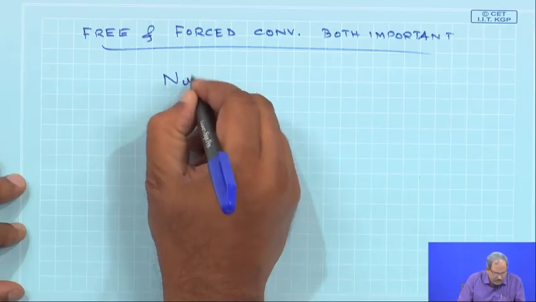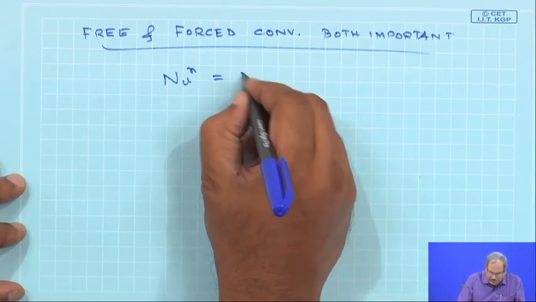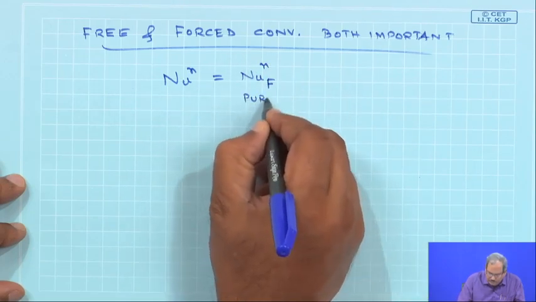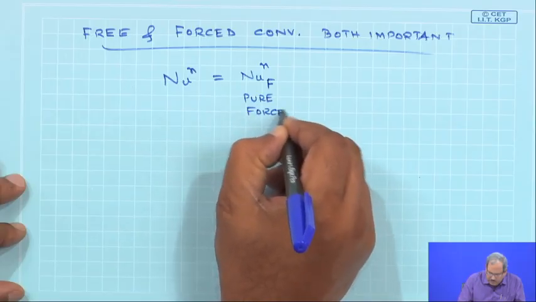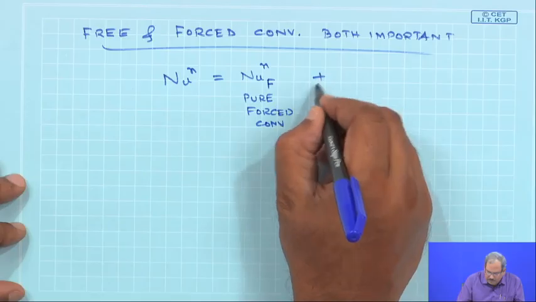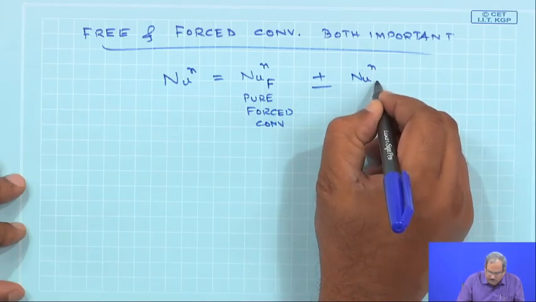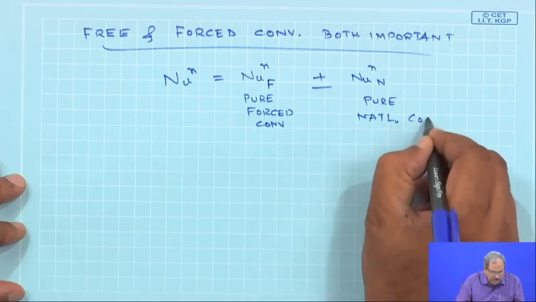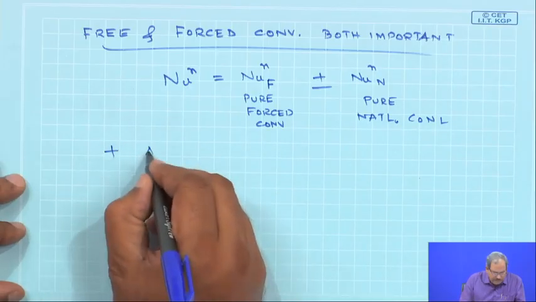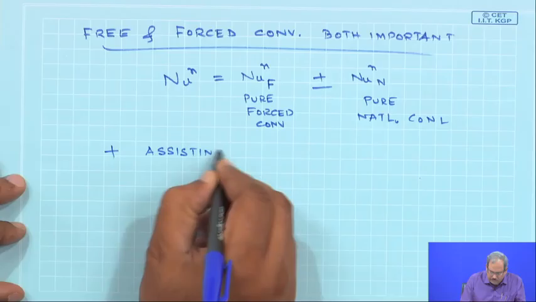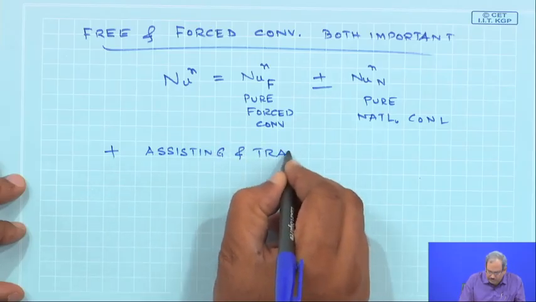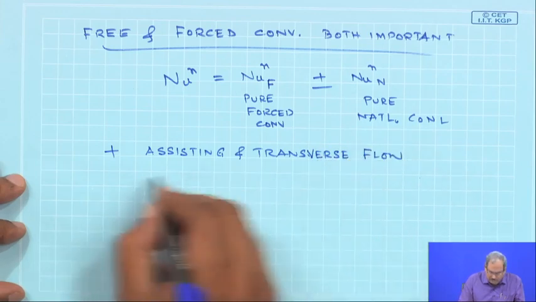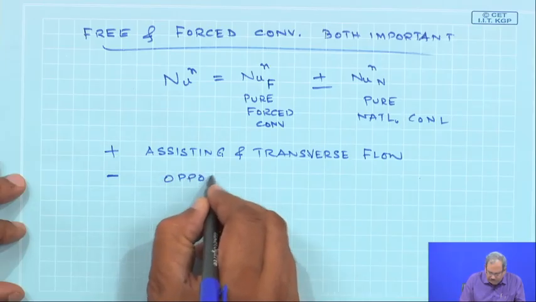Then the effective Nusselt number is the Nusselt number based on pure forced convection plus or minus the Nusselt number based on pure natural convection. This plus is for assisting and transverse flow, whereas minus is for opposing flow.